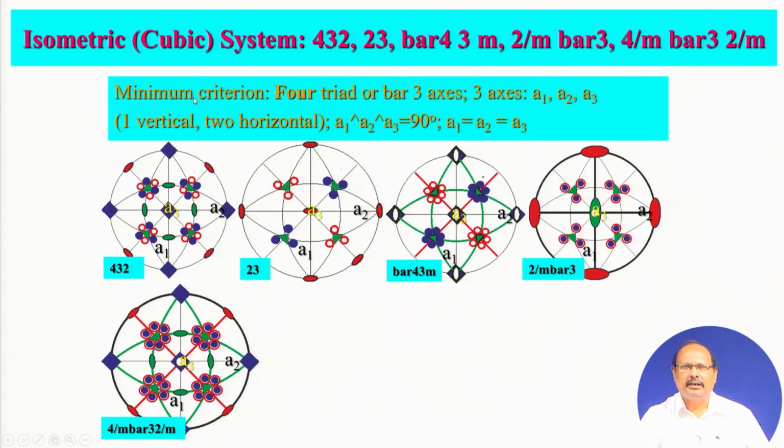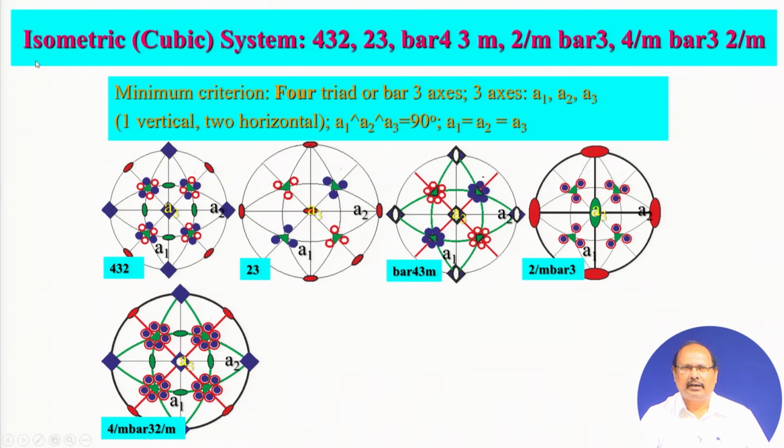The minimum criterion for an isometric crystal system is the presence of 4 triad or 4 bar 3 axes, and there will be 3 crystallographic axes there, A, B, C, with A equal to B equal to C, and that is why we call these axes the A1 axis, A2 axis and A3 axis.